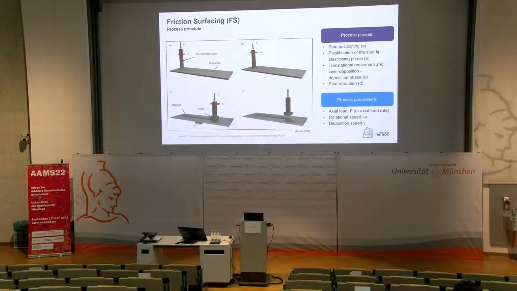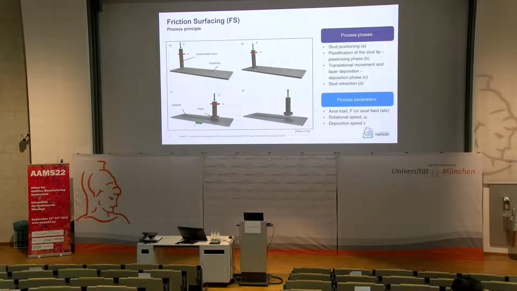So due to this contact with the high rotation and the axial load, we achieve friction between the two interfaces, which results in a heat generation, which then leads to a plastic deformation of the tip of our stud. And afterwards, this plasticized stud material will then create a bonding with the substrate material due to diffusion processes, but also due to mechanical interlocking, due to surface roughness of our substrate plate.